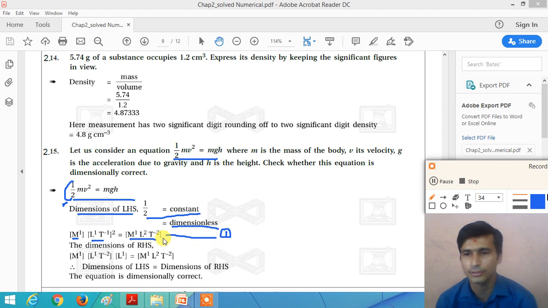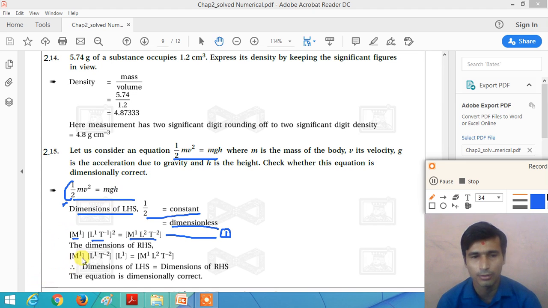Now what about the right hand side of the equation? On the right hand side mgh is given. So we put the dimensional formula of mass, the dimensional formula of acceleration due to gravity, which is the dimensional formula of acceleration, and the dimensional formula of the height. The dimensional formula of the height is length.